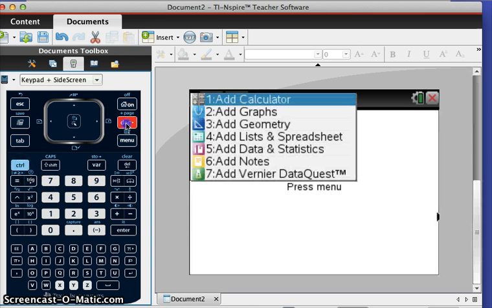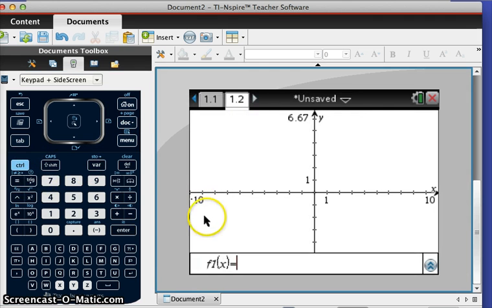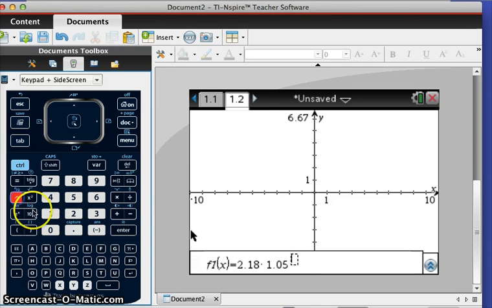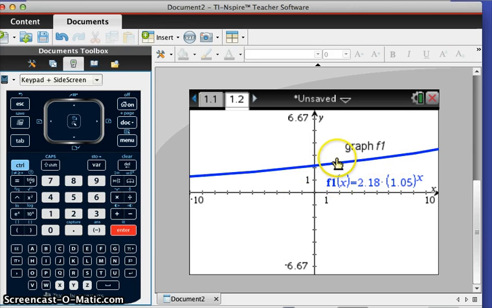So let's go ahead and add a graphing page. And we can plot the function 2.18 times, again, 1.05 to the x. And if we graph that, we get a nice function there. But then we also want to know, when is that going to reach 4 million? So I'm also going to plot another function.